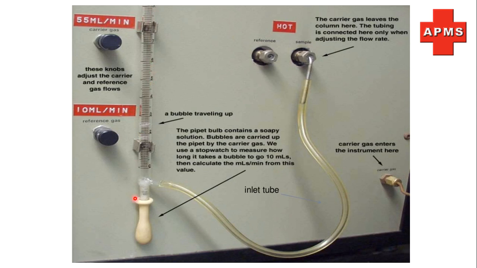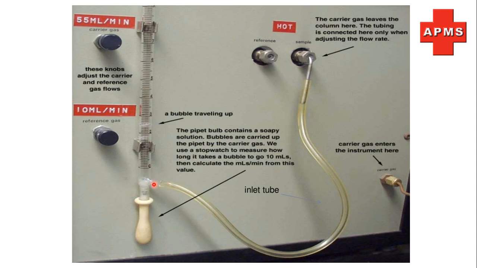So this is the soap bubble meter, where in this white rubber bulb the soap solution is filled. Okay, the soap solution is filled till here, not upside, till here.